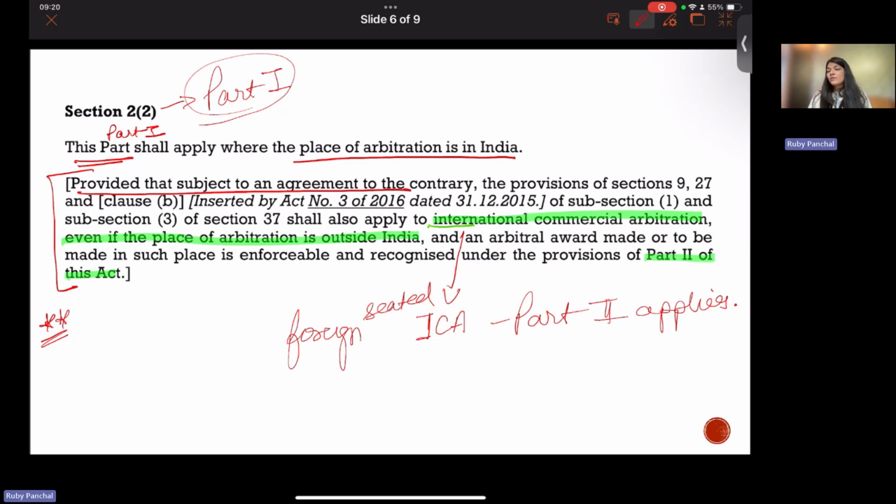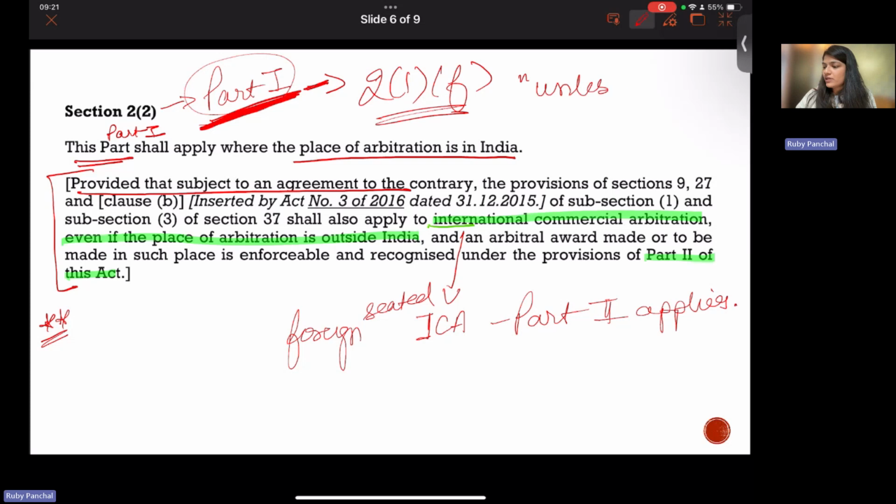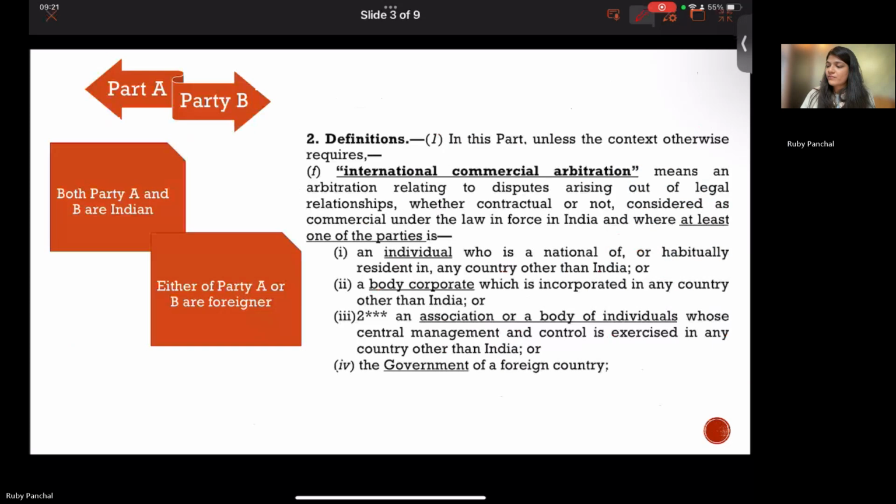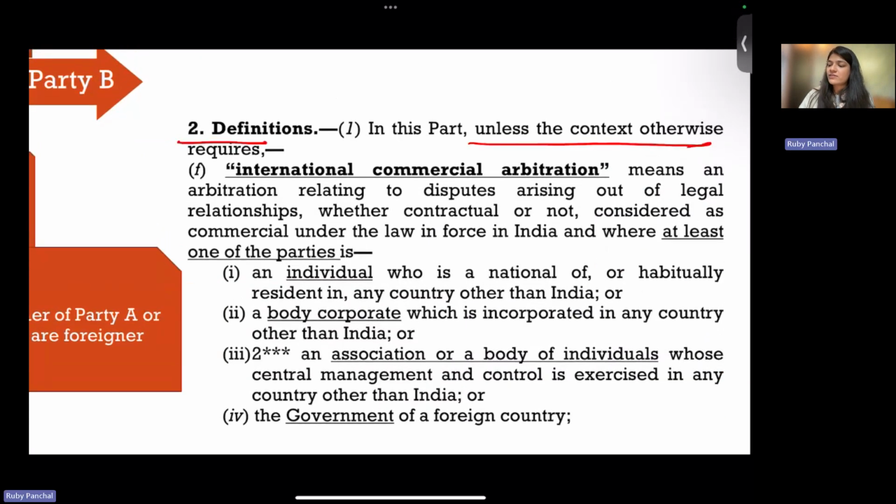And remember, this proviso lies in Part 1, right? And how do we define international commercial arbitration in Part 1? Section 2(1)(f). But the Supreme Court here said we are not going to define international commercial arbitration as per Section 2(1)(f). Why? Because we are going to utilize the phrase unless the context otherwise requires.